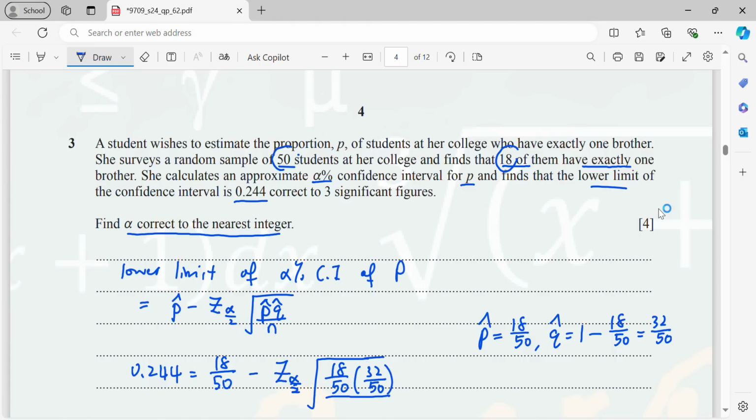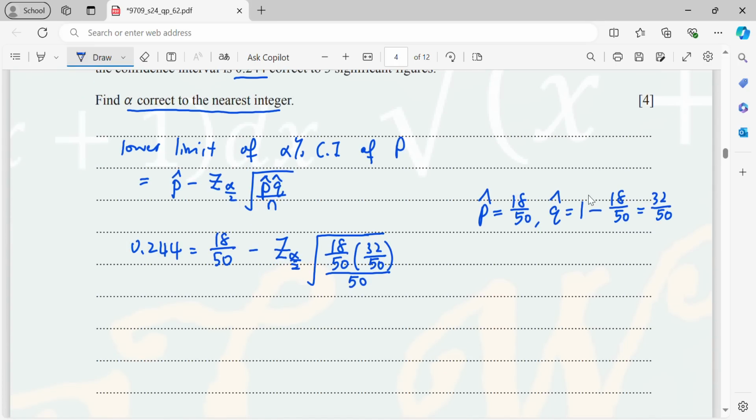Then over 50, because your N is 50. So now I will move the second term on the right side to the left hand side to make it positive, and move 0.244 to the other side to group with the constant. That means now here I will get Z alpha over 2.